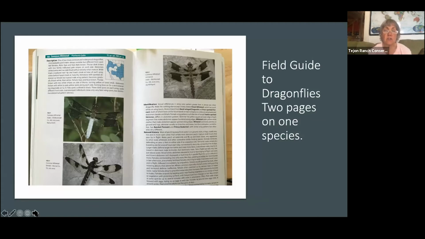It also shows male and female because they look different. It also describes it in great detail. So there's a lot of narrative as well as the photograph and the map. And then something about its natural history, where it lives, how it behaves, and that kind of thing. All of that information is not only interesting, but helpful and valuable in identifying the actual animal that you're studying.